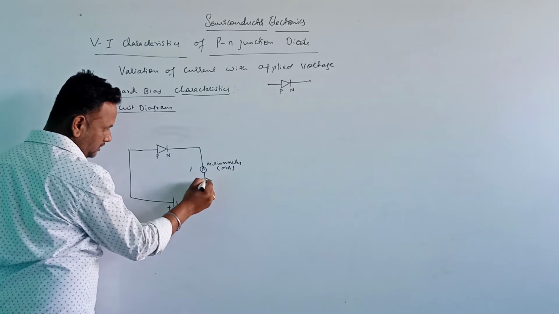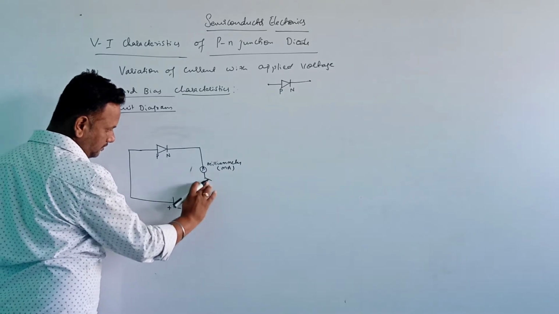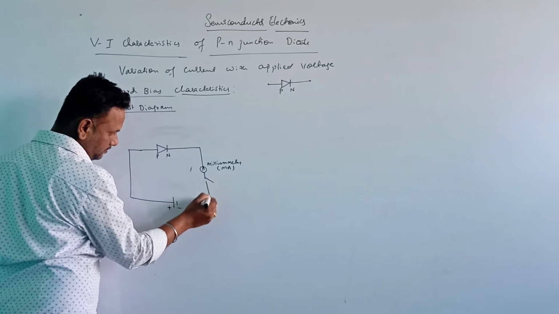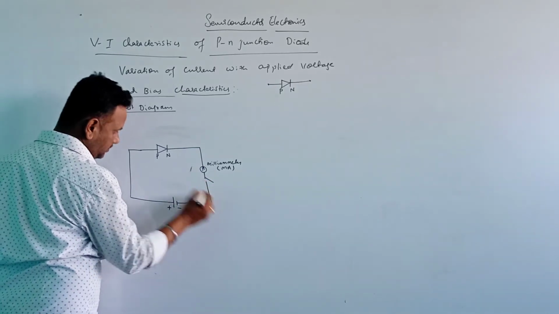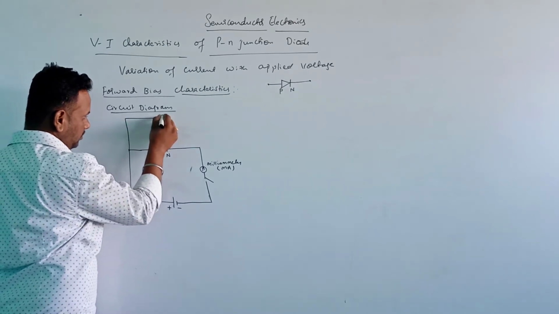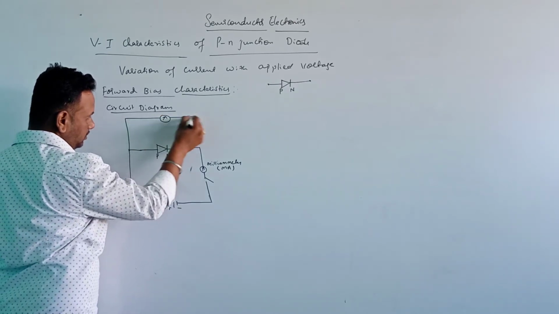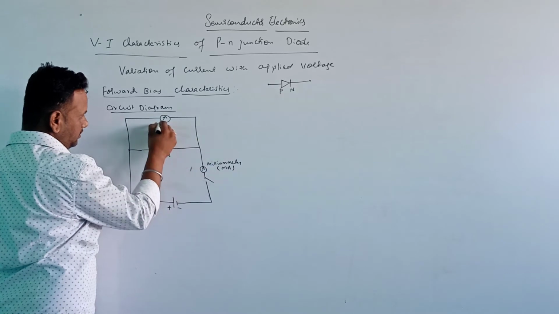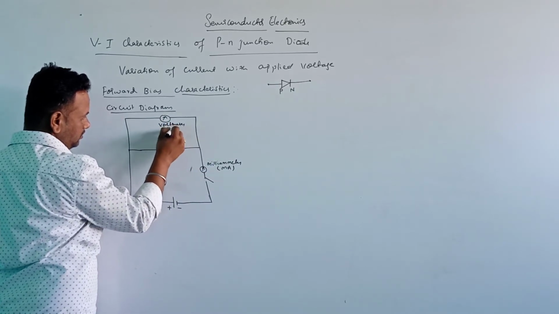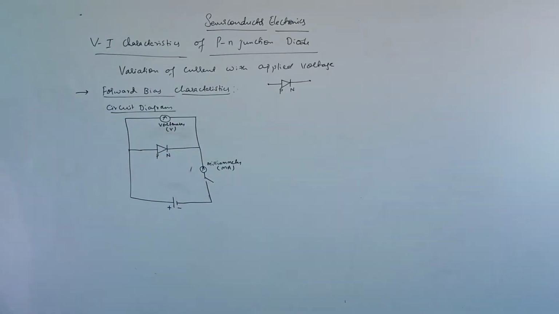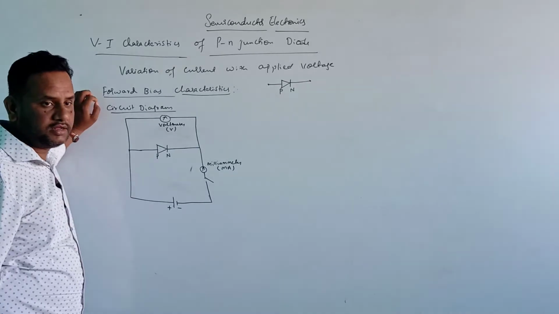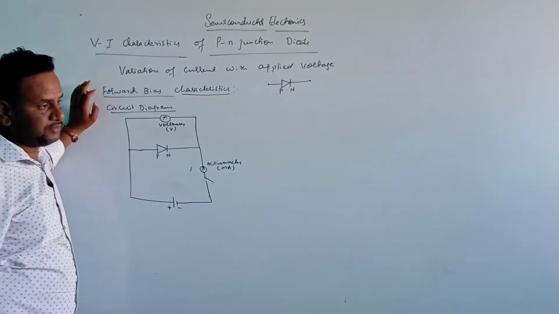There is a switch here. And here I have connected a voltmeter. This is the circuit diagram of a PN junction under forward bias.